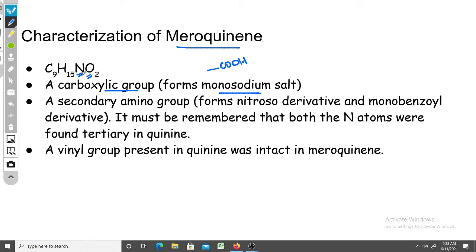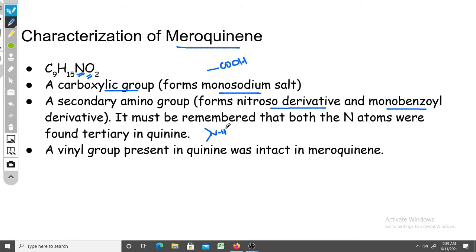Then the nature of this nitrogen. It is found that this nitrogen is a secondary amino group. That is, it forms a nitroso derivative and a monobenzoyl derivative. It is a characteristic reaction of NH. At least one NH bond is needed for forming a nitroso derivative and a monobenzoyl derivative.